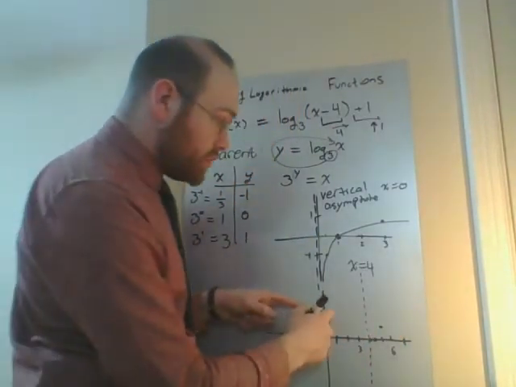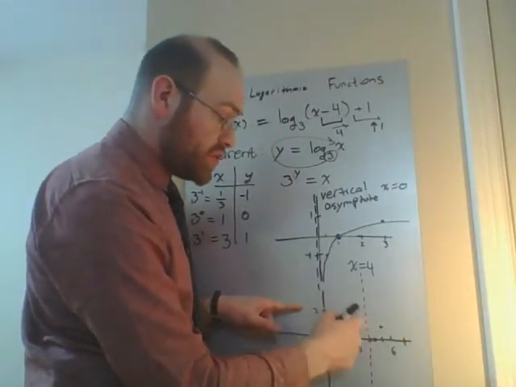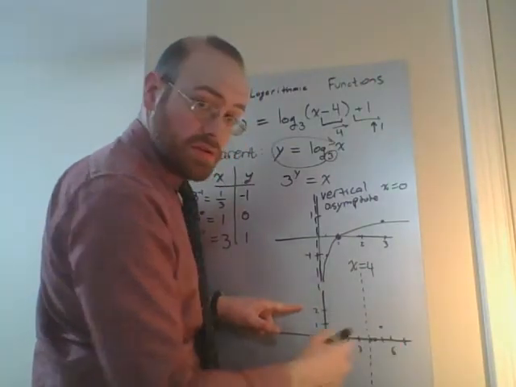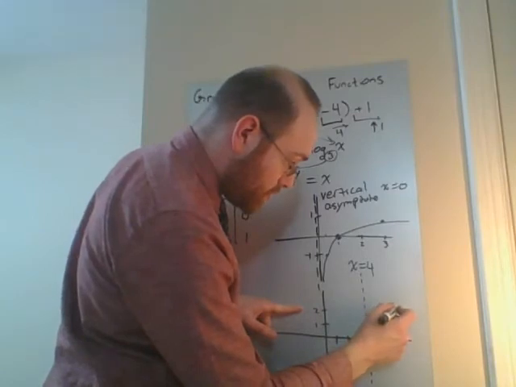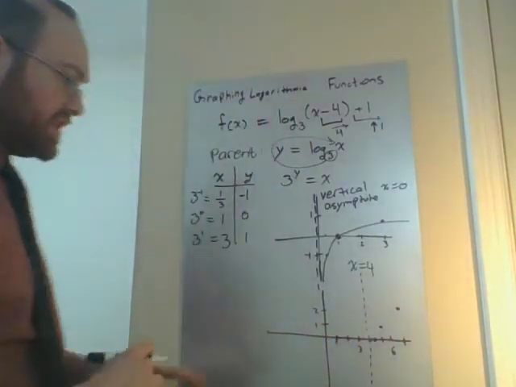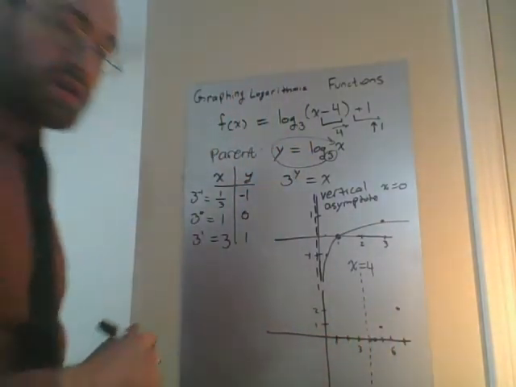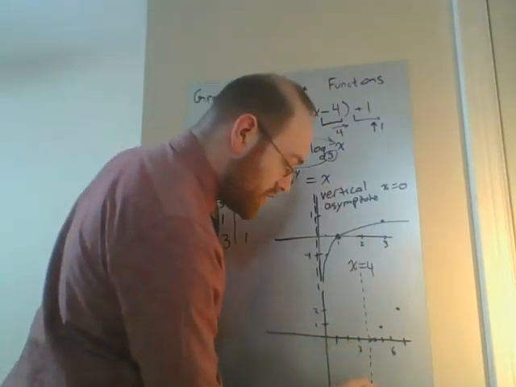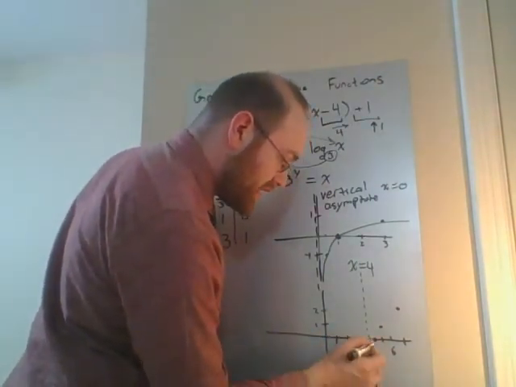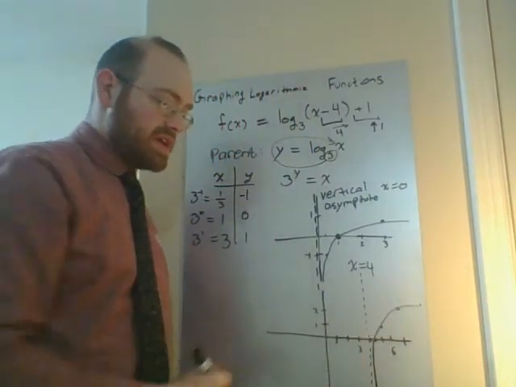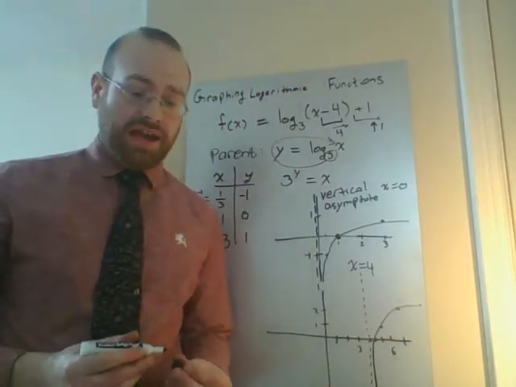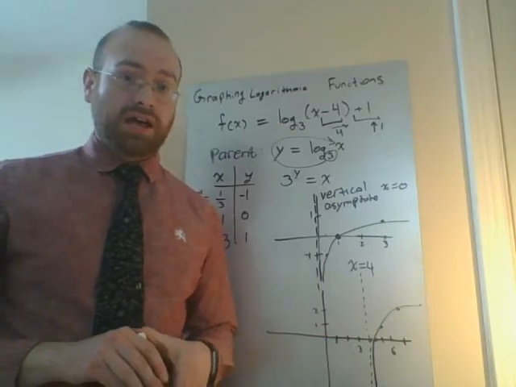And then at 2, I'm going to go 3 past the asymptote. So at 2, 1, 2, 3. Hopefully everything looks at the right level. Okay. And then I can draw in, starting really close to the asymptote and curving through those points. And so this is now our completed graph of the transformed logarithm.